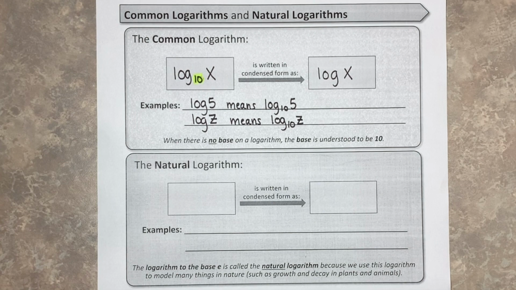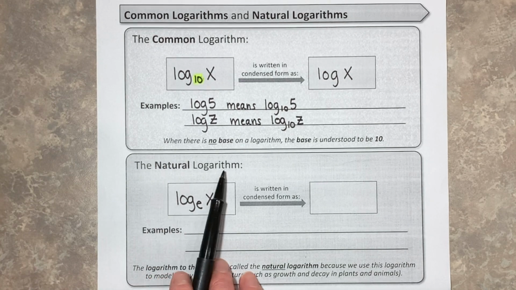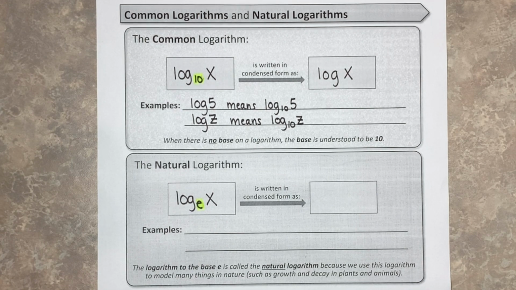The next type of log that is used a lot in real-world applications is the log with the base e, which we'll write as log base e of x. Any log with a base of e, we call the natural logarithm. We call this the natural logarithm because it has so many applications in nature. For example, log base e can be used to model growth and decay in plants and animals.